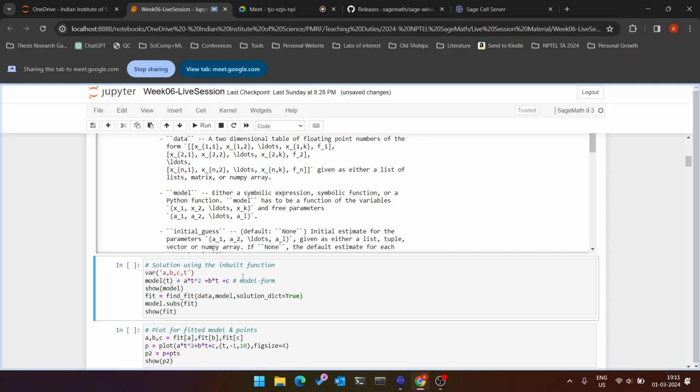What we are doing here is initializing variables a, b, c and t, and I'm writing the model of the variable t as a t square plus b t plus c. This is my model form, which is a quadratic function in the variable t, where a, b and c are my parameters.